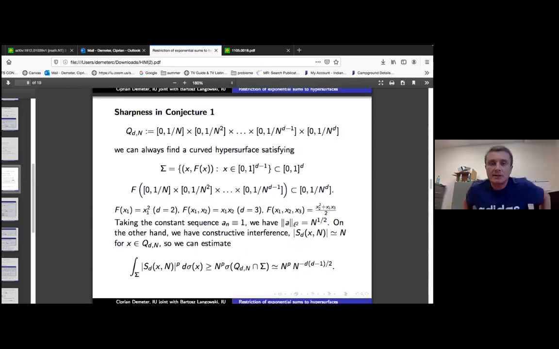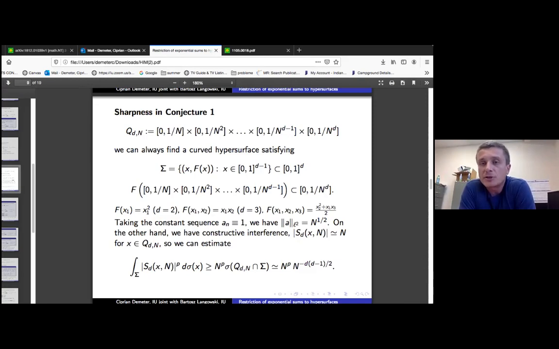There's another way of seeing the sharpness in conjecture 1. Sharpness as in why the critical exponent is equal to pd minus 1. And I will illustrate that by showing you a particular type of hypersurface. We haven't really talked about sophisticated examples, but there is this example that fits perfectly inside the cube QDN.